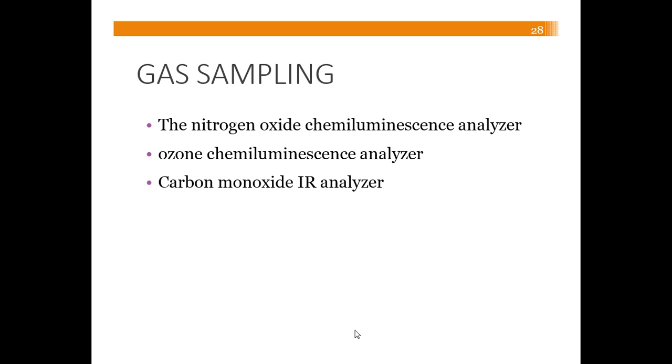Now we're going to look at gas sampling. These are three different instruments that can be used for gas sampling: our nitrogen oxide chemiluminescence analyzer, our ozone chemiluminescence analyzer, and our carbon monoxide infrared analyzer.